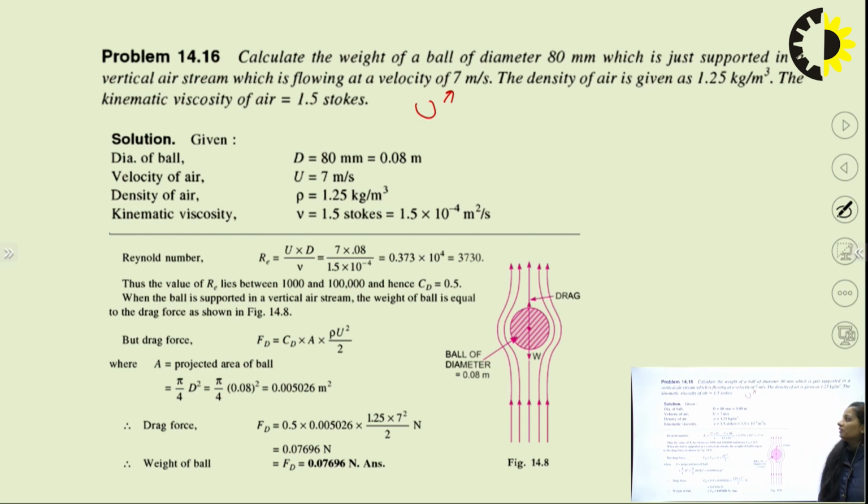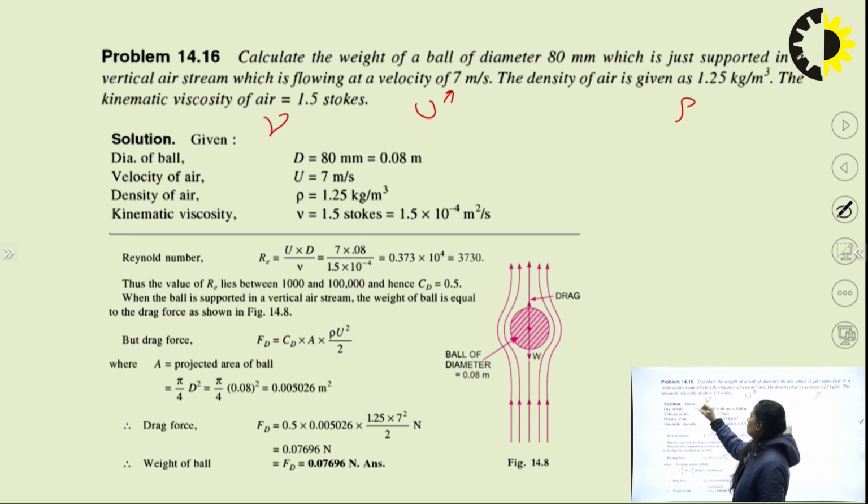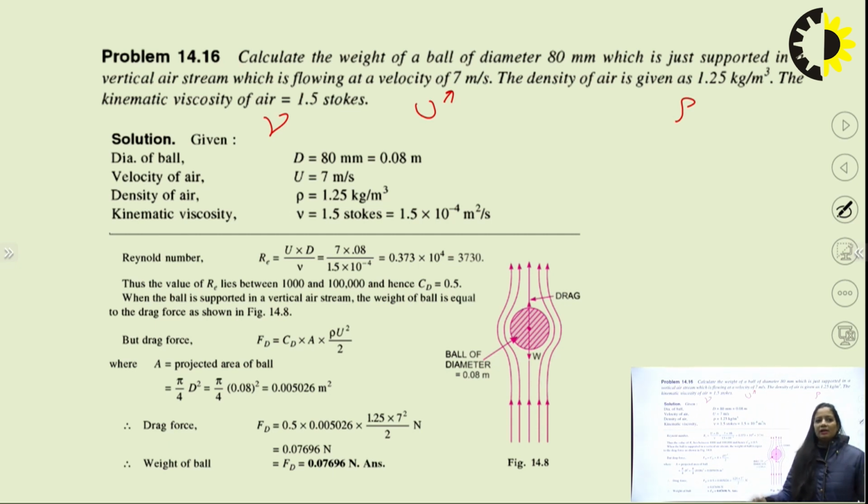The density of air is 1.25 kg per meter cube, and the kinematic viscosity of air is given as 1.5 Stokes. The diameter is obviously 80 mm, which is 0.08 meter.